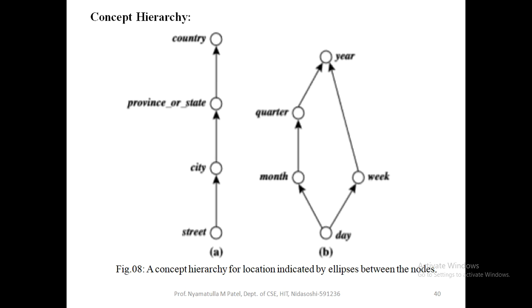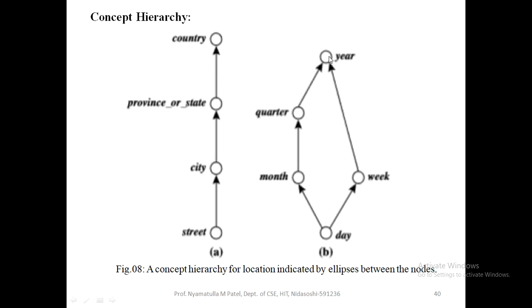The second one is with respect to time, a lattice of time. So year to the quarter, quarter to the month, month to the day, or you can have day, week, year relationship, or day to month, month to quarter, or quarter to year. So this is a level of hierarchy.